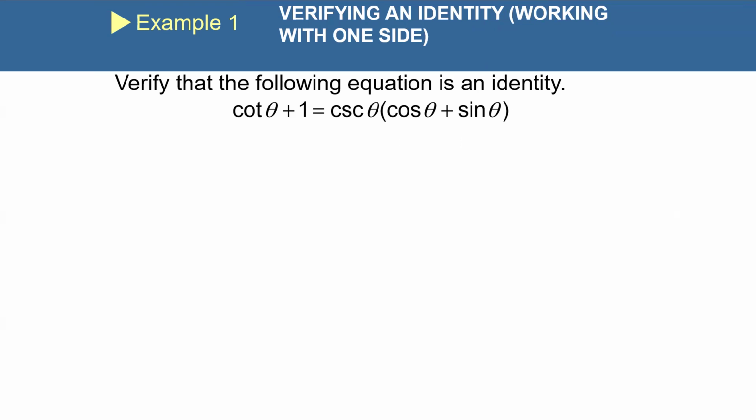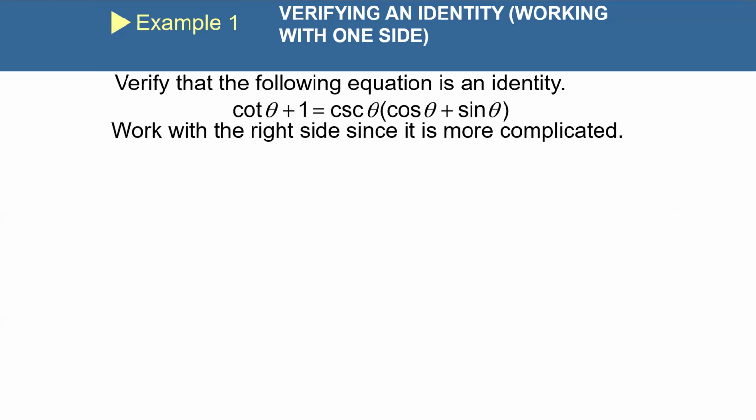Looking at this equation, it says cotangent theta plus 1 equals cosecant theta times cosecant theta plus sine theta. Which side is more complicated? The right side. So we're going to take our right side and turn it into the left side using all the properties that we know so far: our reciprocal, our quotient, our Pythagorean identities, to condense it down to this. This is our goal.